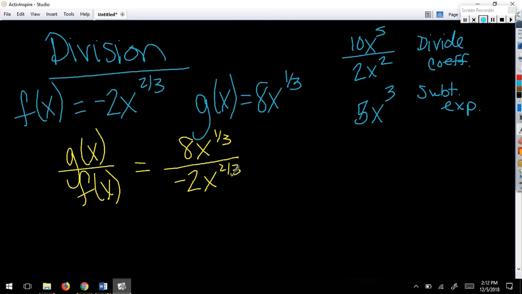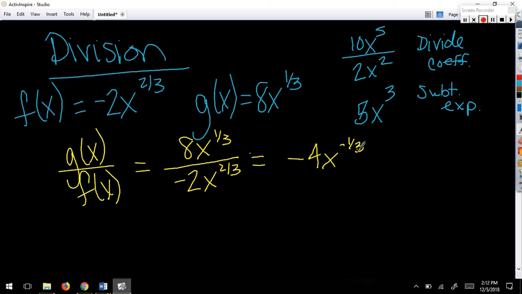All right. So David says -4. So the -4 is up top. Now look what happens. Everything stays up top when you subtract. What is 1/3 minus 2/3? Negative 1/3.